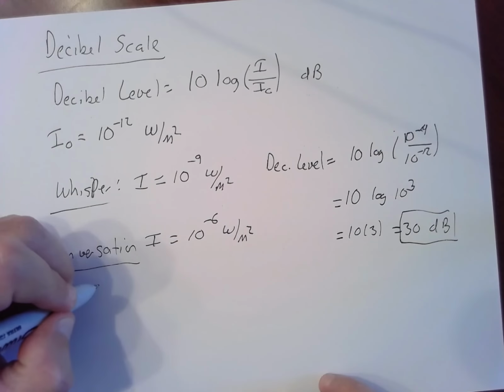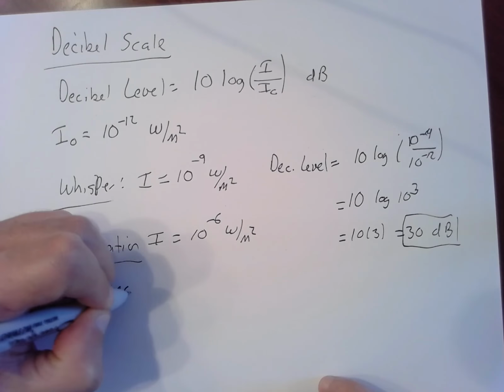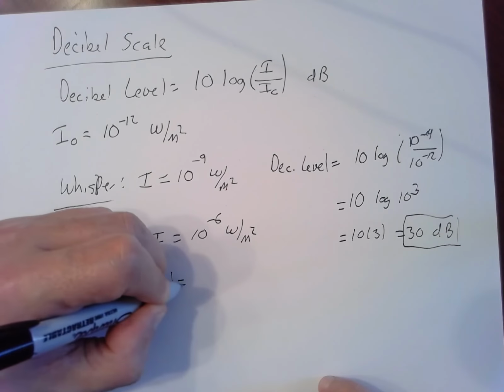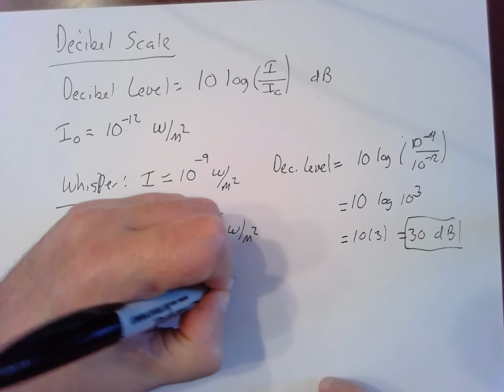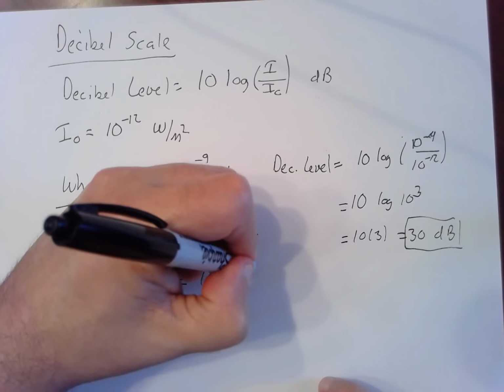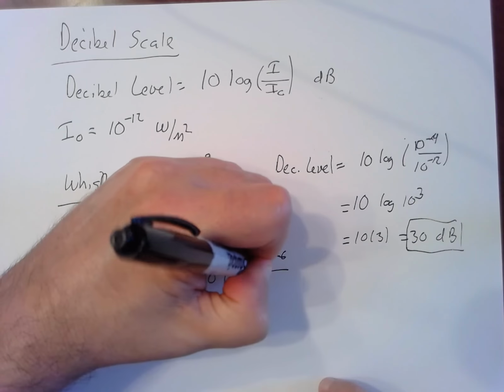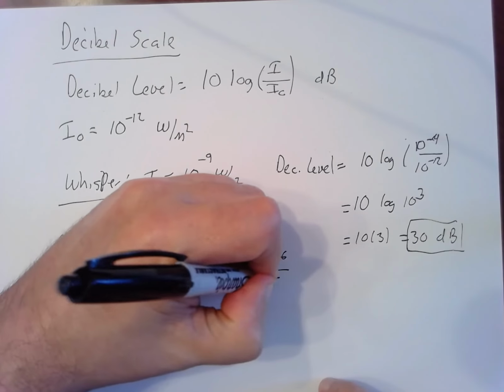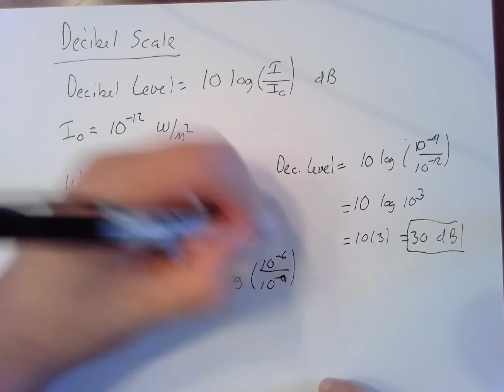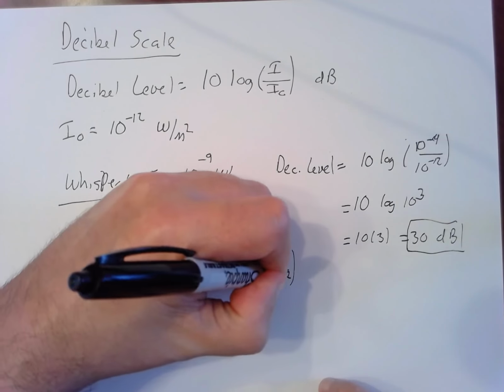Let's check. Our decibel level will be 10 common log, log base 10, of my intensity divided by I0, 10 to the negative 12th.